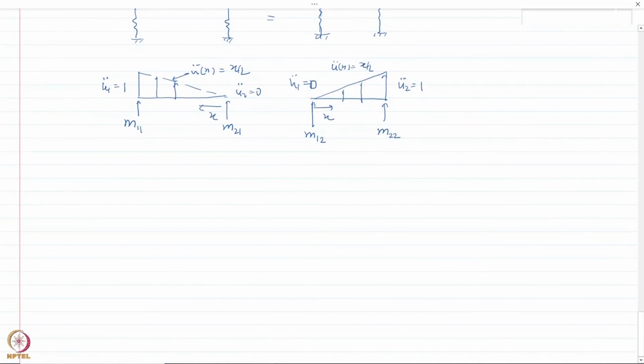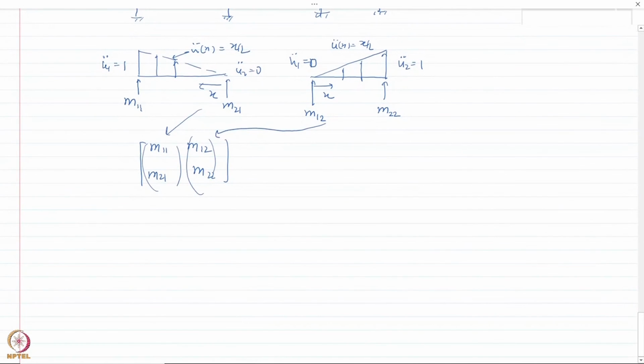So basically your mass matrix is M11, M12, M21, M22. This system would give you your first column, and this system would give you your second column. If you look carefully and consider the equilibrium of this, you can never have M21 equal to 0, or in this case M12 equal to 0.